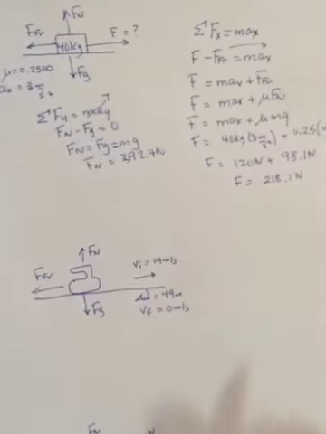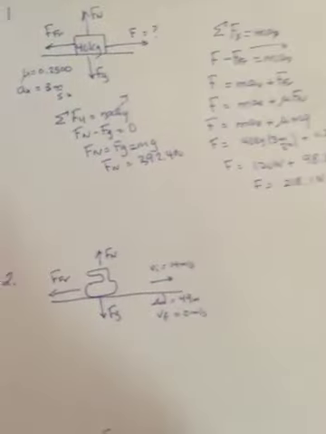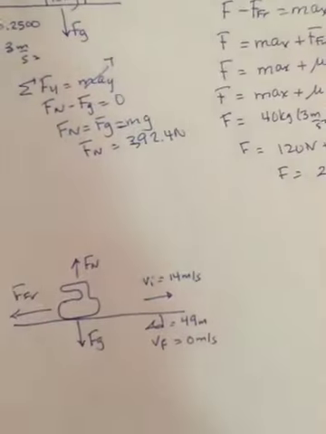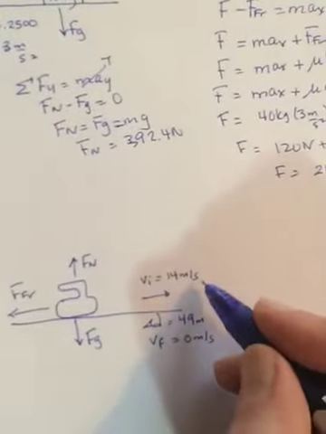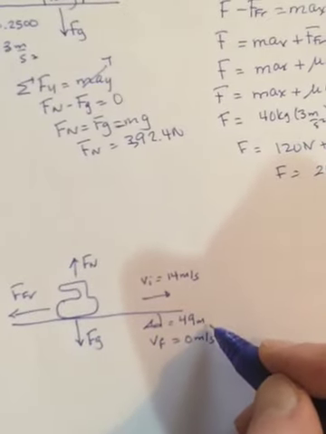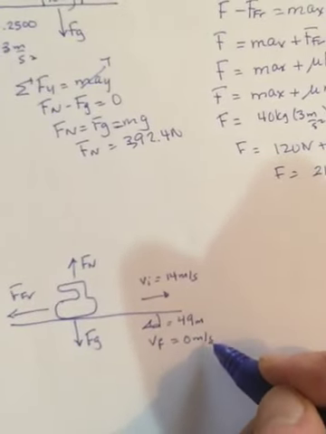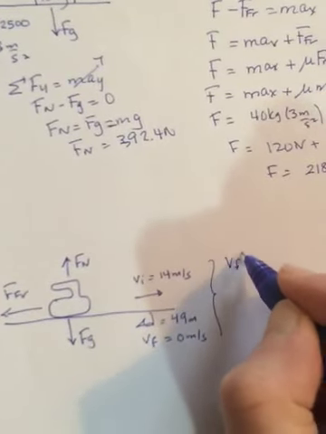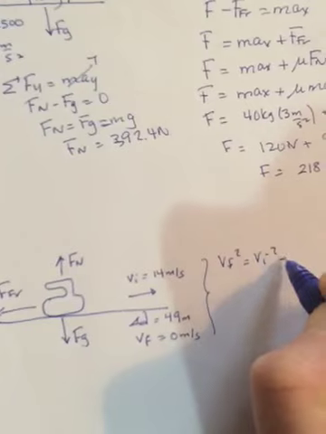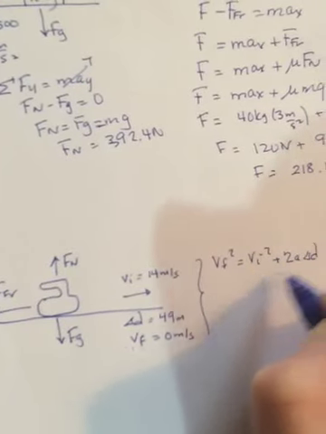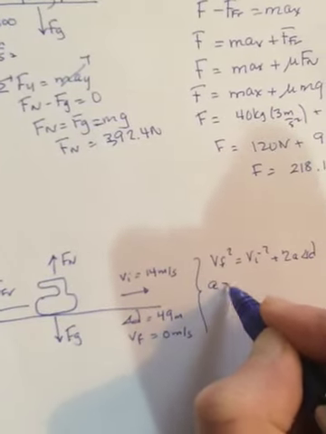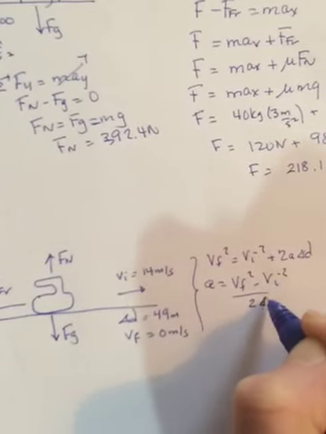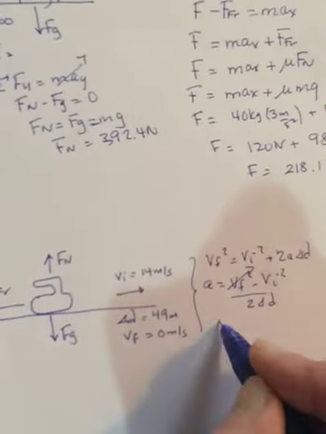Number 2 is a curling stone. So it says that it's thrown forward on the ice. Its initial velocity is 14 meters per second. It travels 49 meters before coming to a stop. From this, we can find our A, because we know Vf squared is equal to Vi squared plus 2A delta D. So rearranging, A is equal to Vf squared minus Vi squared over 2 delta D, and the Vf goes to 0.